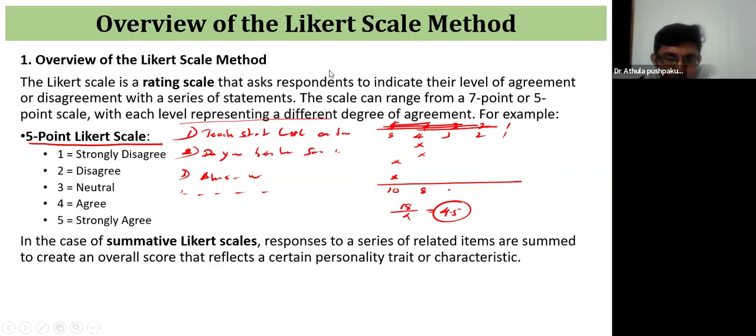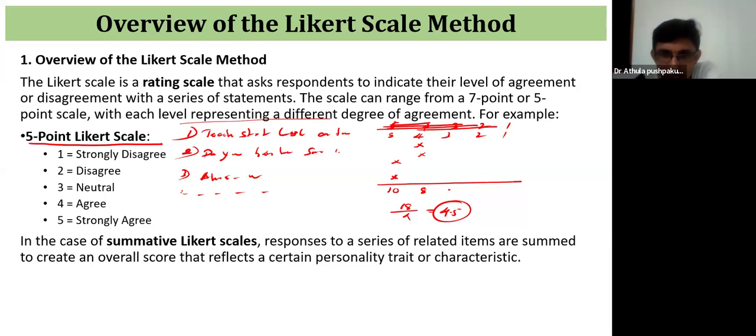According to your knowledge, what should the value be? The value should be 1 to 5. 1 means strongly disagree. That means the teachers normally do not come on time, and normally the teacher does not handle lectures in an attractive way. These are strongly disagree.